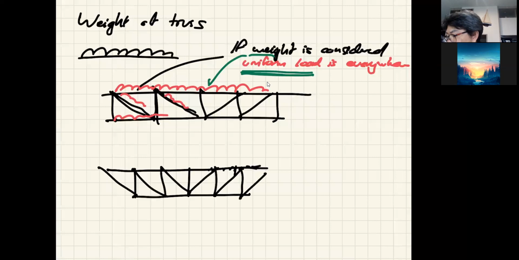You can use the truss as a beam to support the floor system as well. In that case, you truly have the uniform load that is not negligible. Let me write down for you.